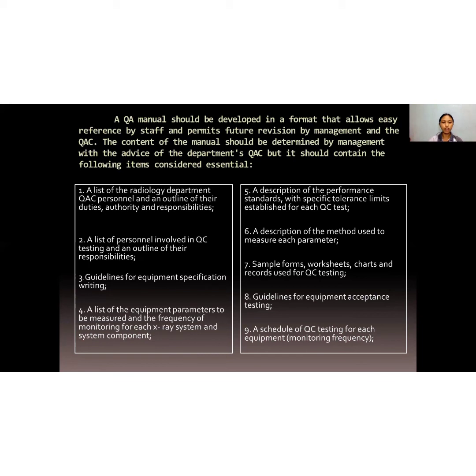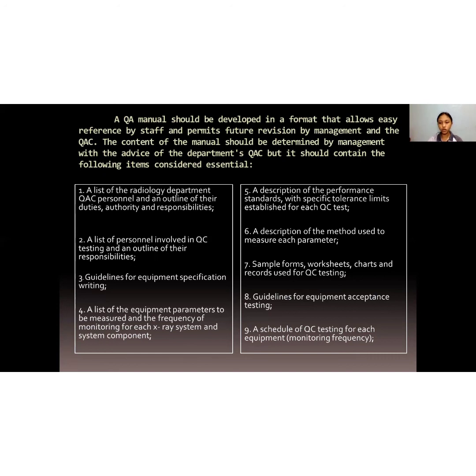Fourth, the manual should have a list of the equipment parameters to be measured and the frequency of monitoring for each X-ray system and system component. Fifth, the manual should have a description of the performance standards with specific tolerance limits established for each quality control test.